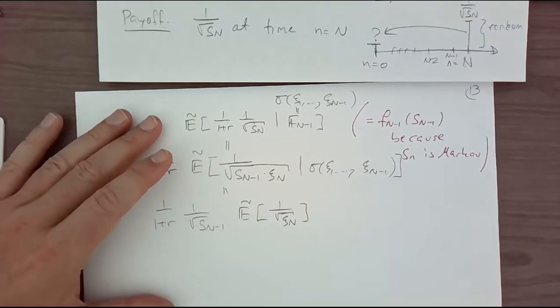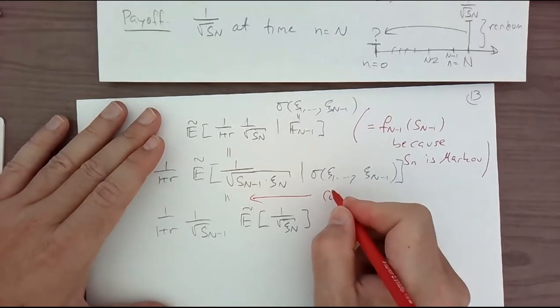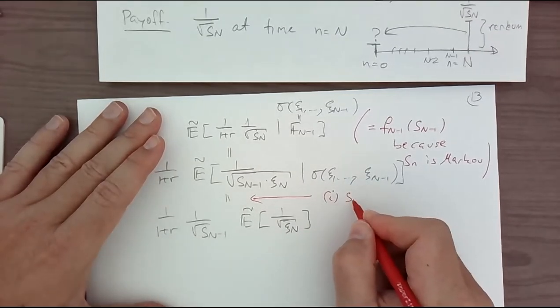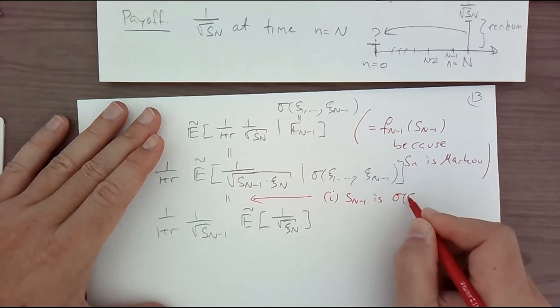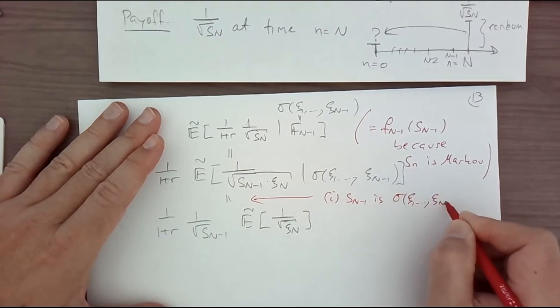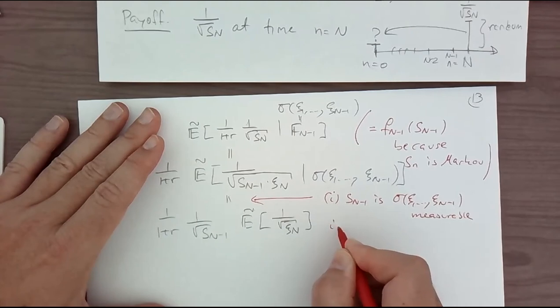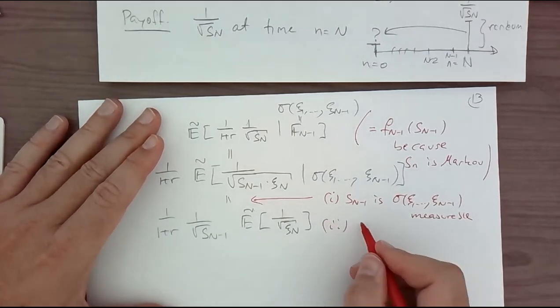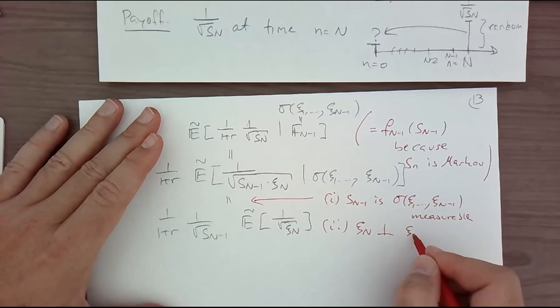Right, so again, I'm using two properties. The first one is that Sn minus 1 is measurable with respect to these guys. That's the first property. And the second one I'm using is that psi n is independent of the previous coin flips.